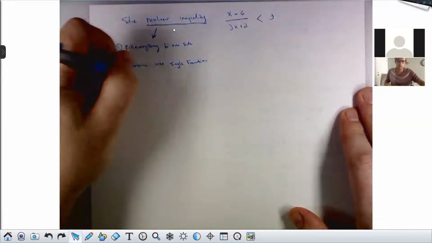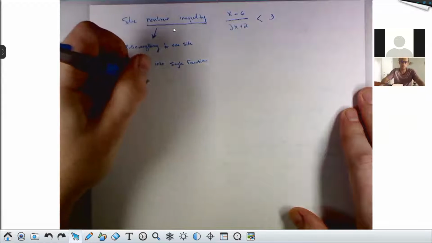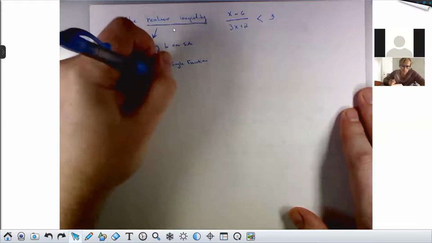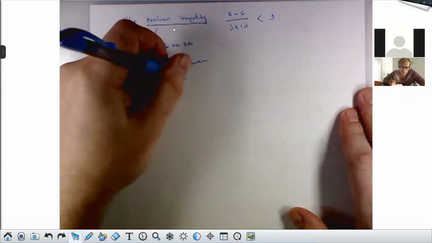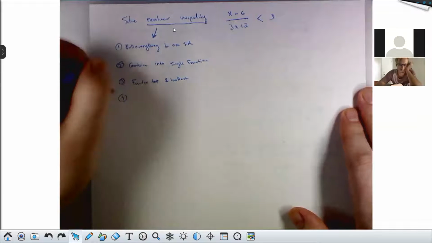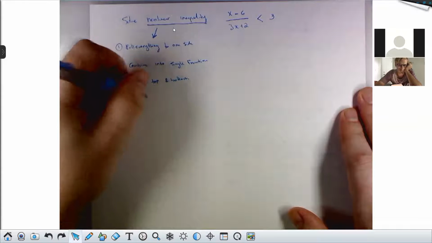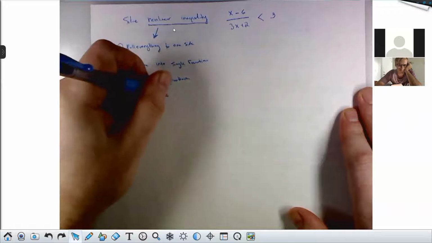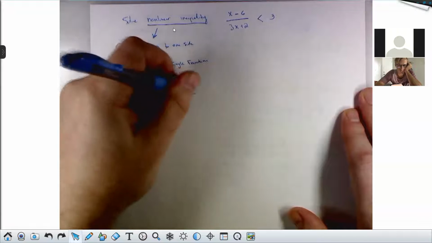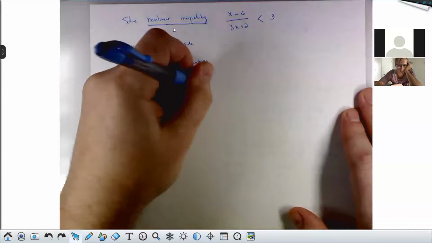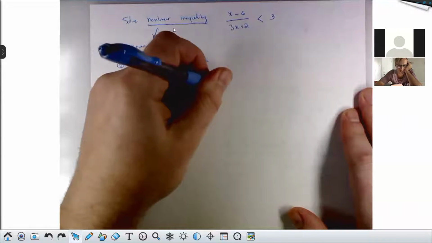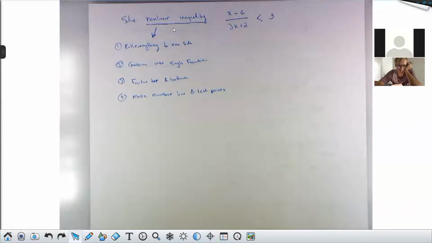Then we factor everything, factor top and bottom. And then from there, we make our number line and test points. So this is the general strategy for solving nonlinear inequalities.